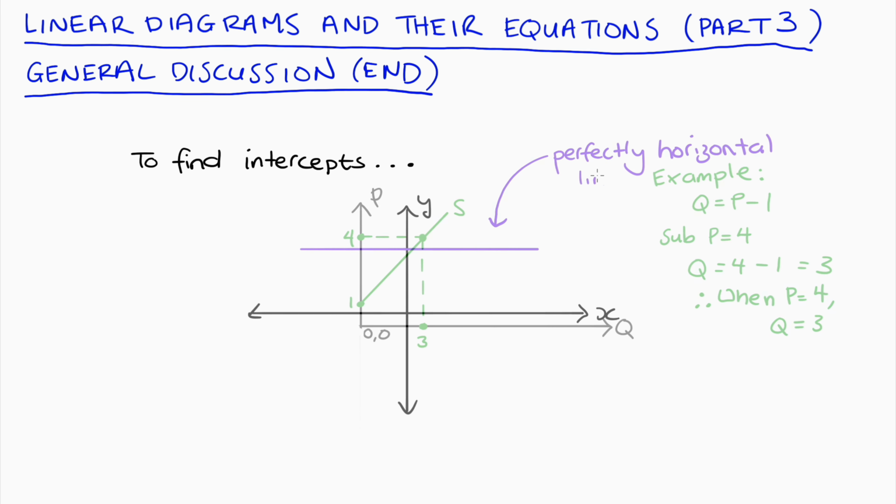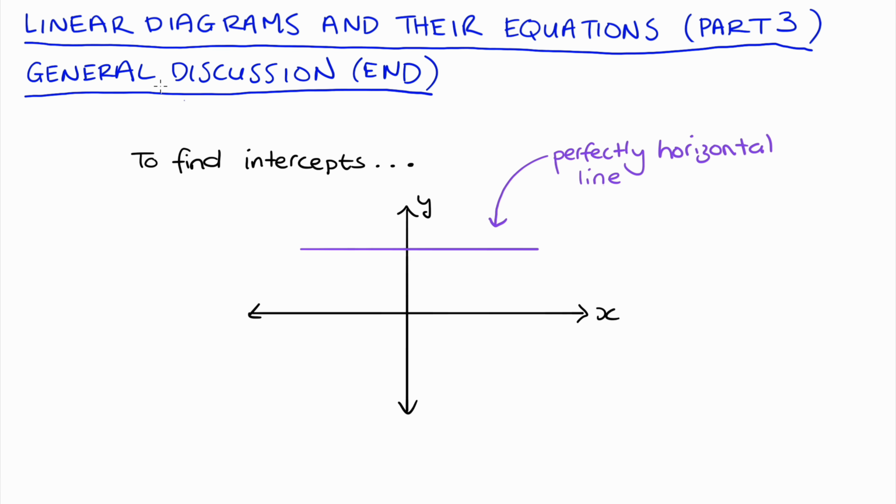Now note the limiting cases. If the line is perfectly horizontal like this, it will only have a vertical axis intercept and it will be described by the equation, if we're just back at xy again, y is equal to the intercept. So for instance, if we had y is equal to 5, that looks like this. And we're going to interpret this as x can change around and be any value, but y is always 5.